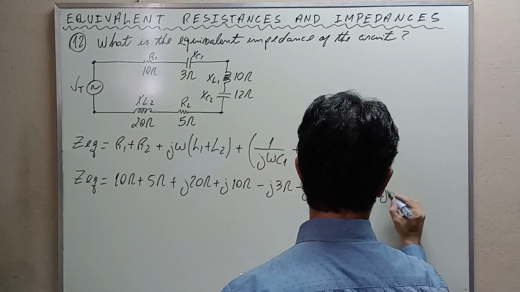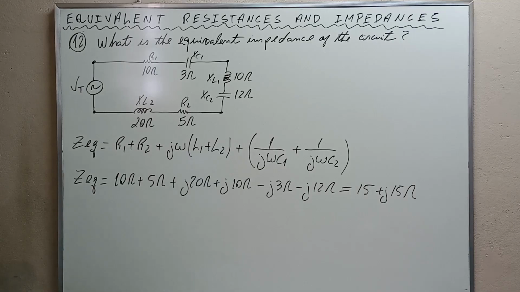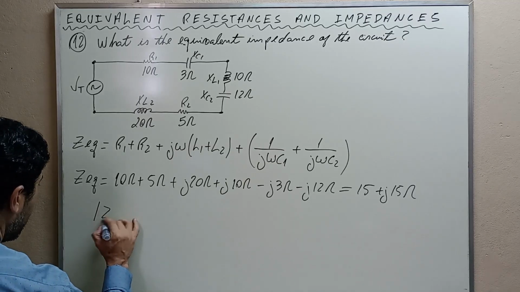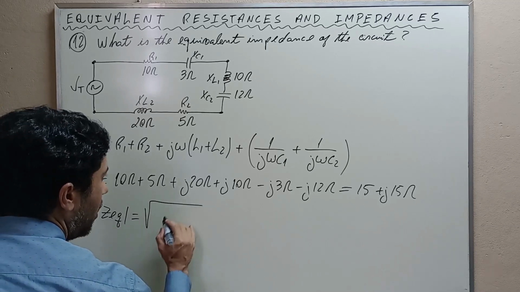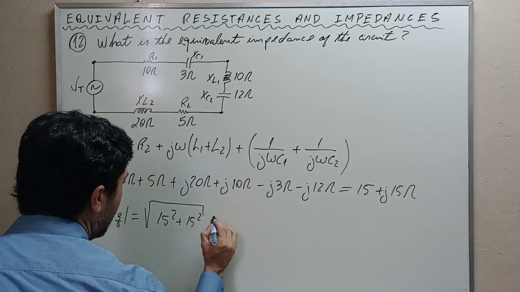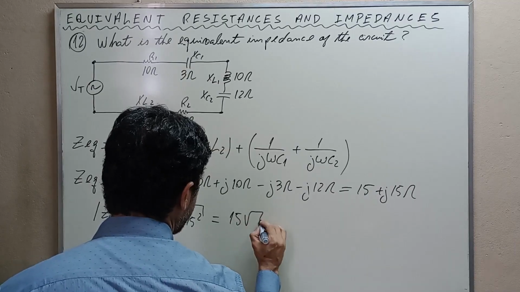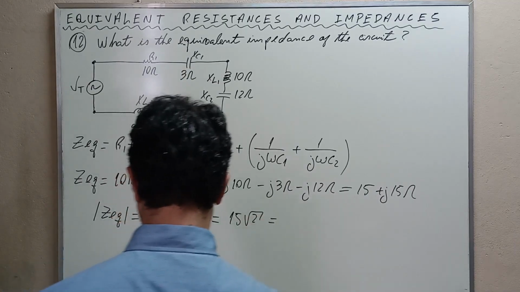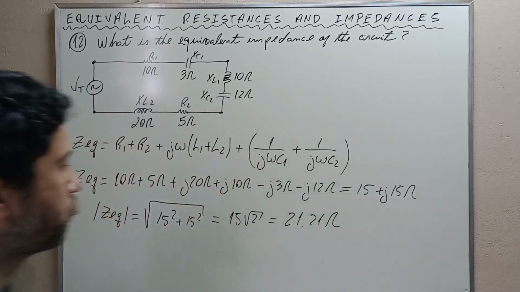15 plus J15 ohms. As we want the magnitude of the equivalent impedance, we proceed as follows. The magnitude of Z equivalent is equal to the square root of 15 squared plus 15 squared, and this is equal to 15 times the square root of 2, which is 21.21 ohms.